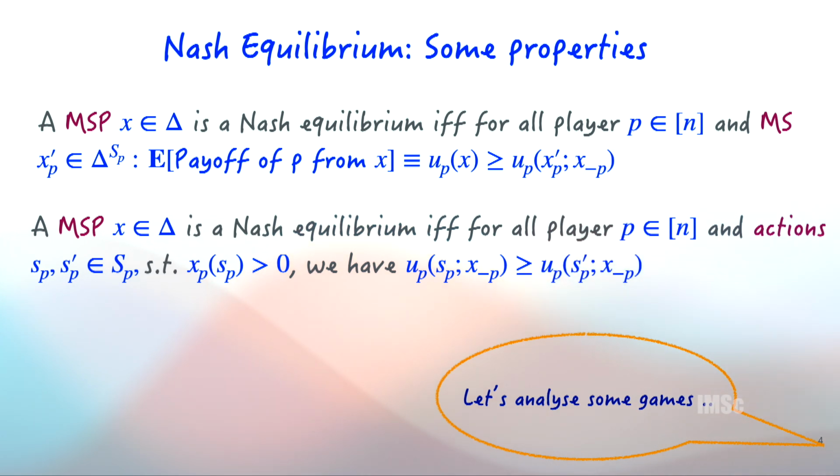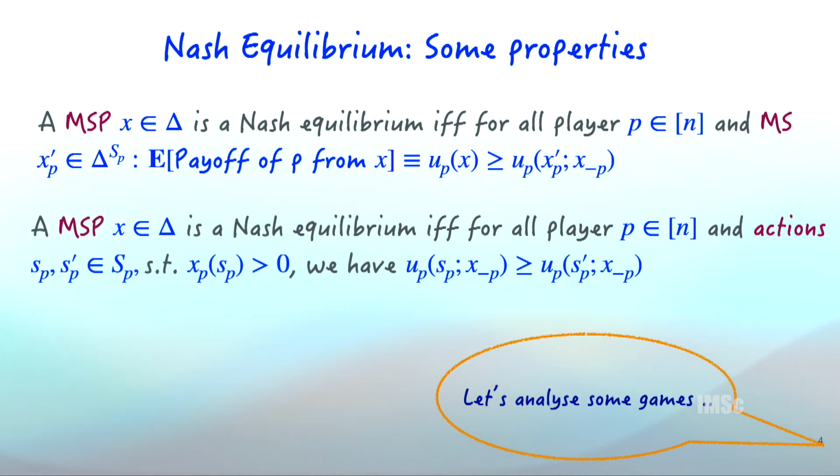We are talking about any two actions available to player P such that in this particular mixed strategy profile, player P plays the action SP with non-zero probability. Those of you who are familiar with stochastic terminology, this means SP is in the support of the vector XP.